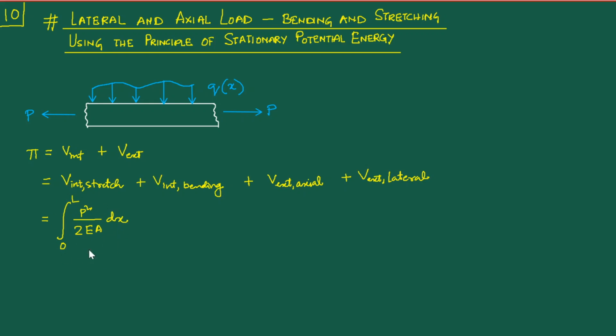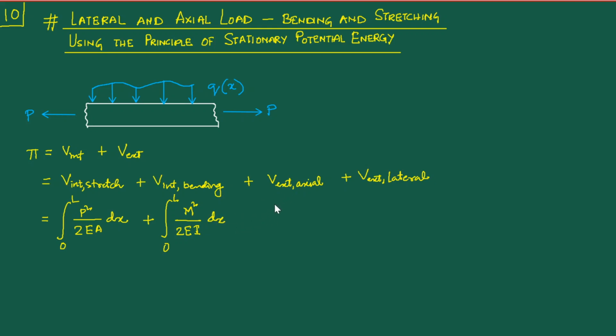This term represents the total internal potential energy associated with the stretching. The next term is already familiar to us from what we had discussed earlier. It is simply M squared by twice EI integrated over the entire length of the beam.